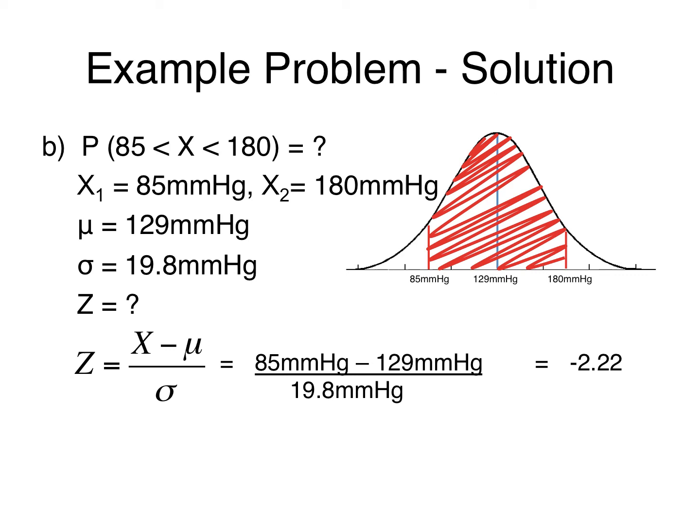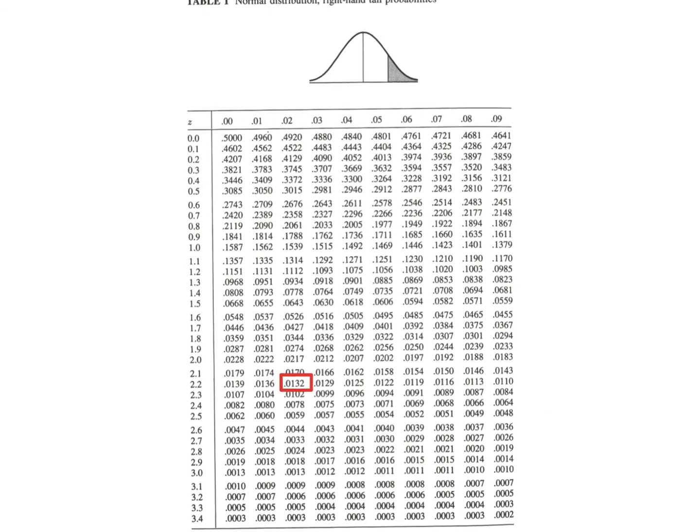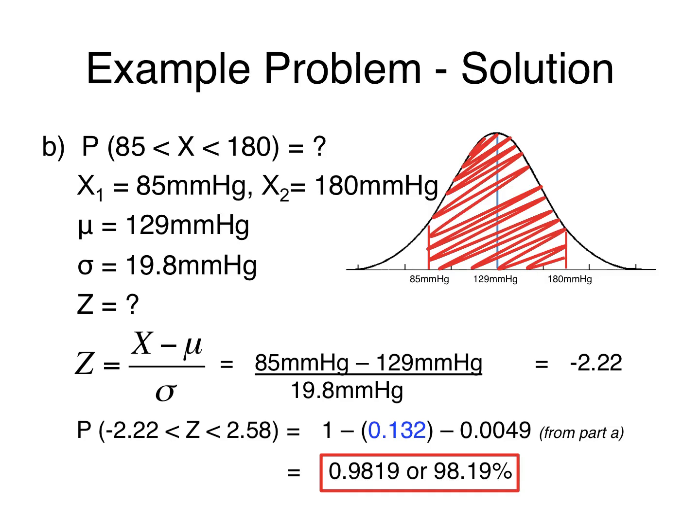Again, we write out what we know, and plug our value of 85 into our Z-score formula to calculate a Z-score of negative 2.22. And then we look at our Z-table and see that approximately 1.32% of scores in a normal distribution are below this point.